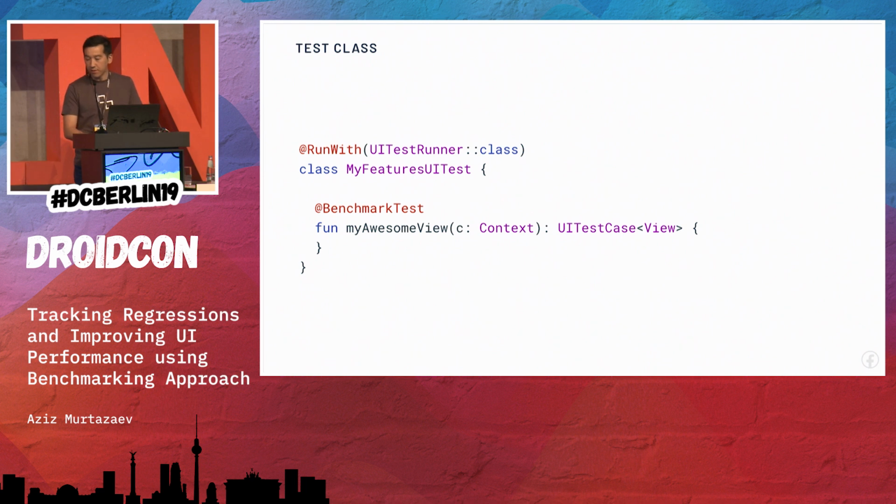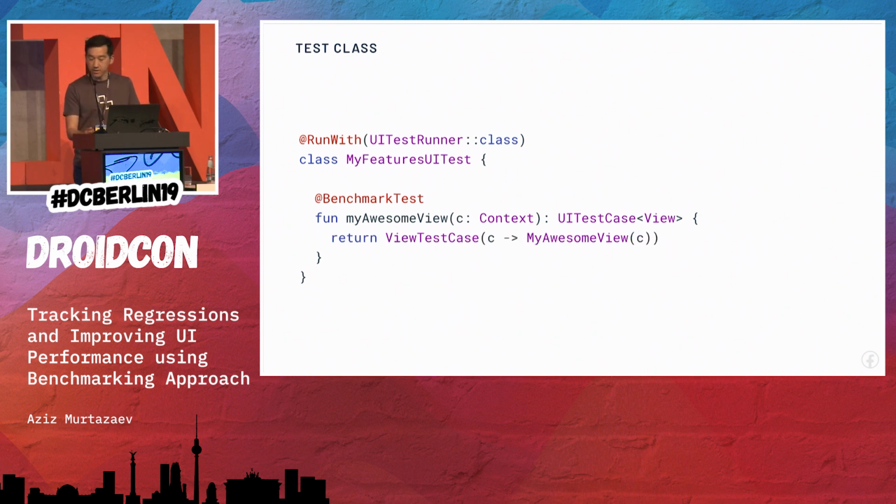So we have the view test case. It accepts a lambda function that, given context, can create your view, or a tree of views. And then you have a bind view.